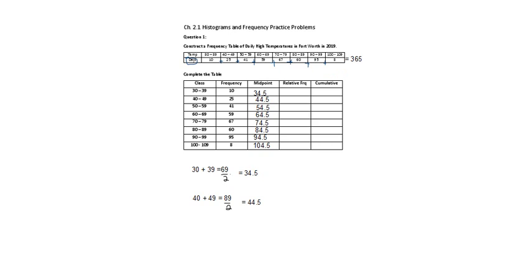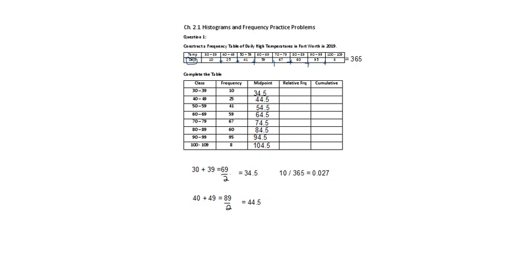Okay, well, now to do relative frequency, I would like to take every frequency and divide by 365. So first, I would like to do 10 divided by 365. And that's equal to 0.027.